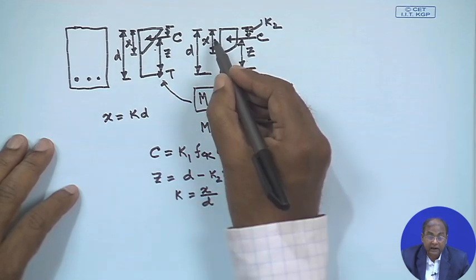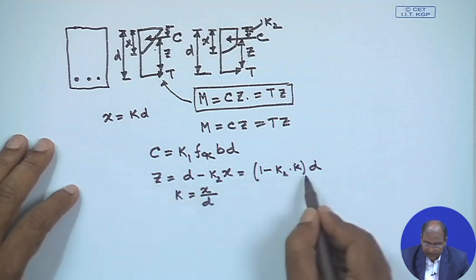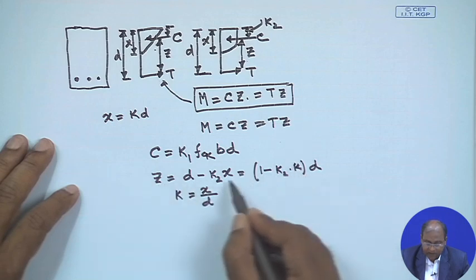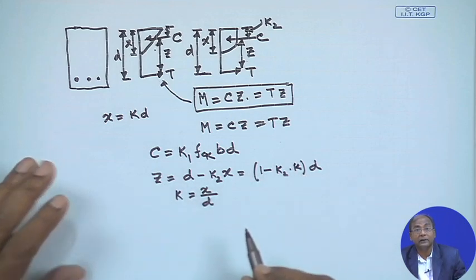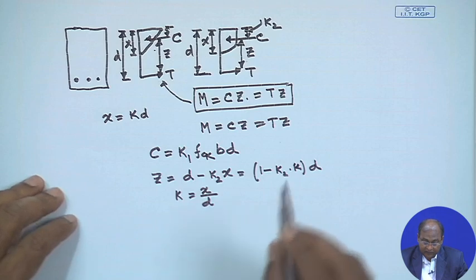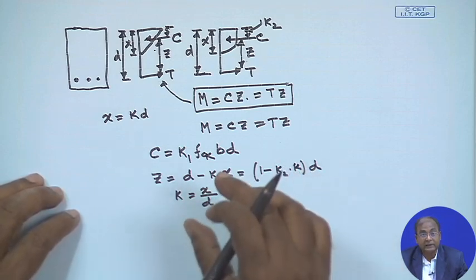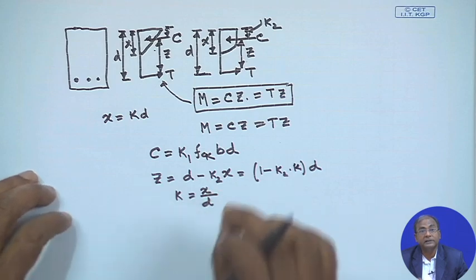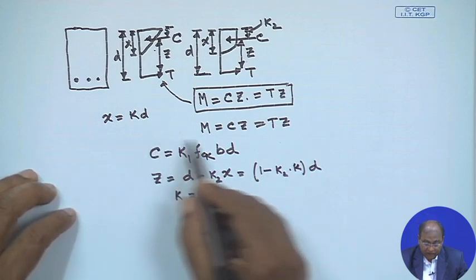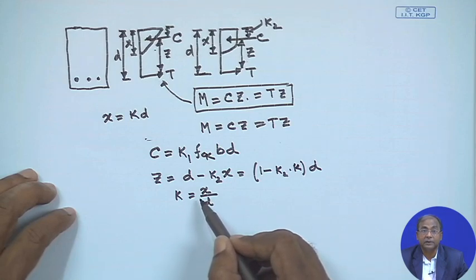So, whatever we are talking about here, x, the same way we can represent. What I mean to say is that whether you work with the working stress method or with the limit state method, only these values are going to change, but the basic equation remains the same.